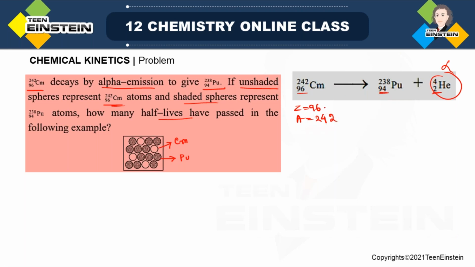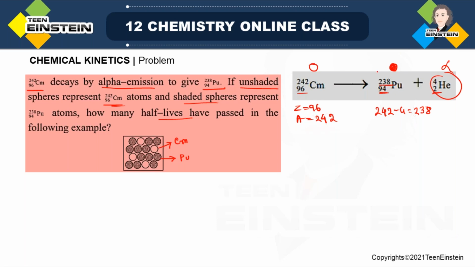So 242 minus 4 will be 238. That is mentioned here. Okay. So initially the species is Cm, which is the unshaded sphere, and Pu is the shaded sphere.